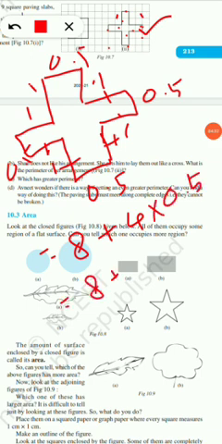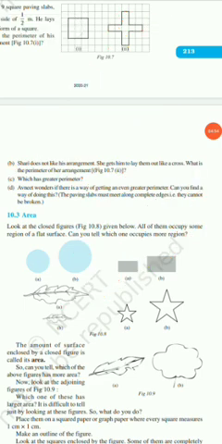So 8 plus 2, which is 10. Since it is half meter, it will be in meters. So it's meter.